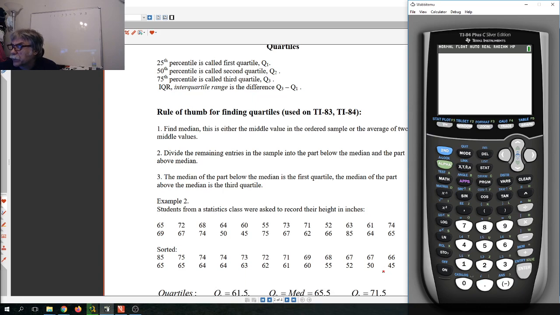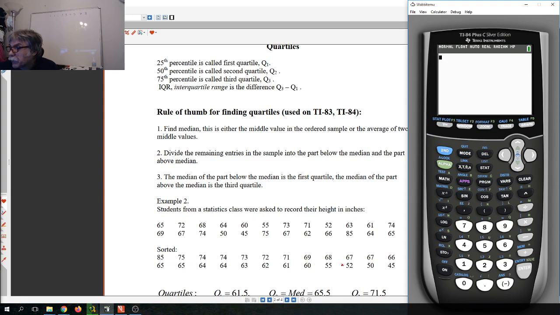So for example, I have here a sample of students' height, and the tallest person in the sample is 85 inches tall. The shortest person in the sample is 45 inches tall. You can see here the data is sorted in these 2 lines, and the number of items in the sample obviously is even.